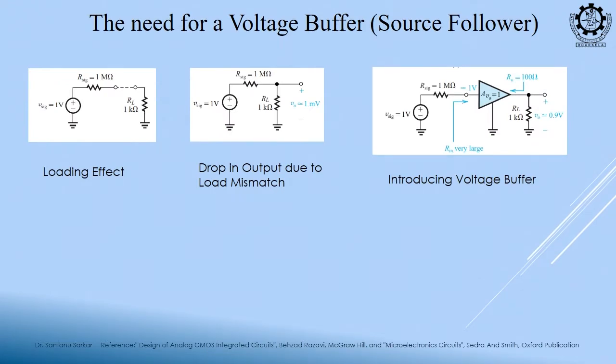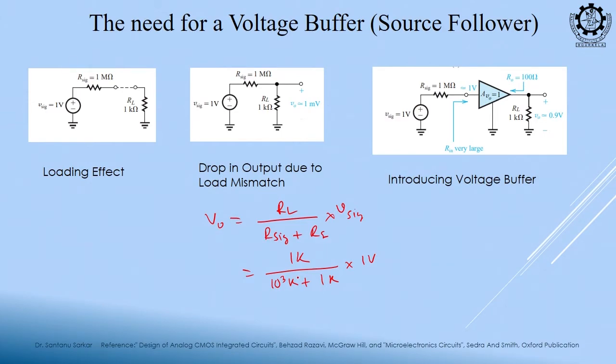For this case, what should be our V0? RL by (R sig plus RL) into V sig. What is the value of RL? 1 K. R sig is 1 meg, that means 10 to the power 3 K, plus 1 K, into 1 volt.